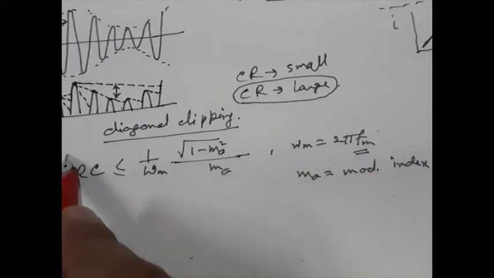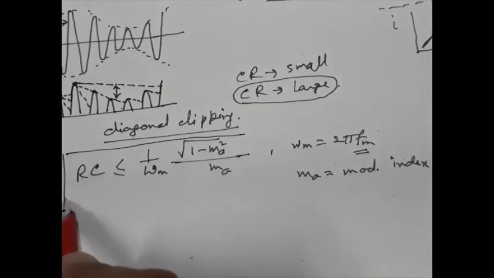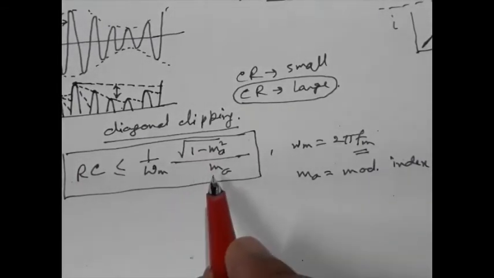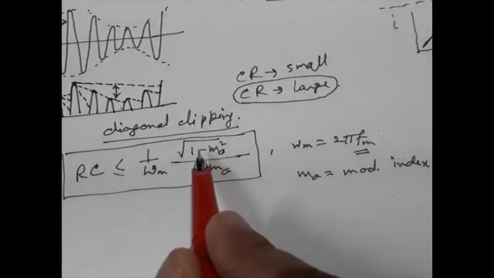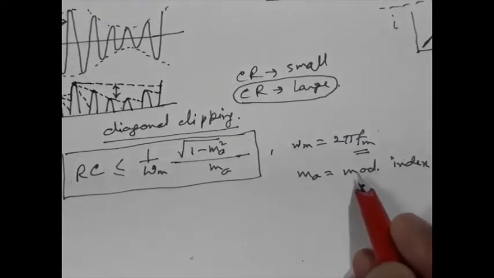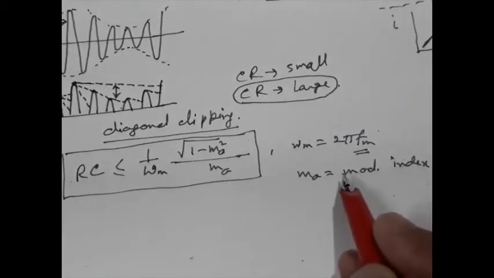Well, this particular analysis is true only for single tone AM, and not only that, it is true only for ma less than 100%. That means modulation index less than 100%.